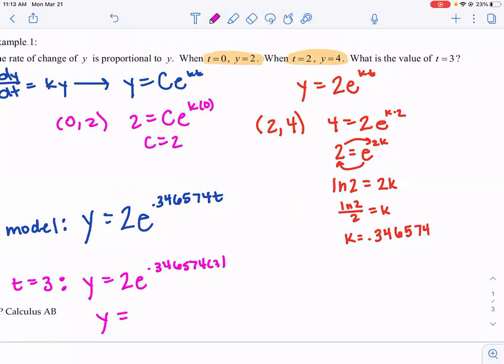And we get 6.657. We did it. That was the first problem.